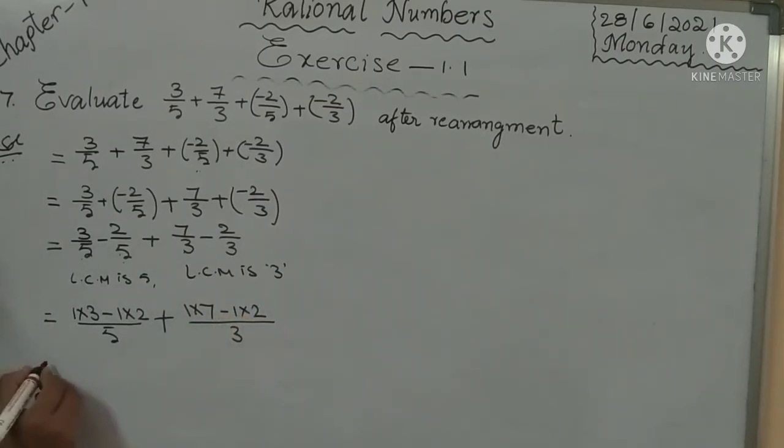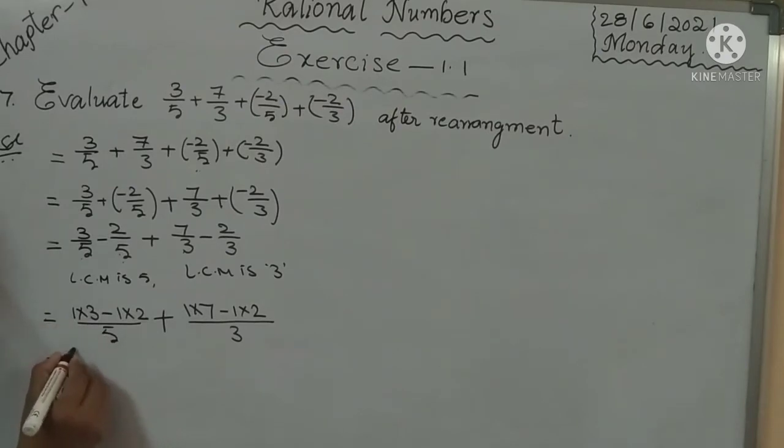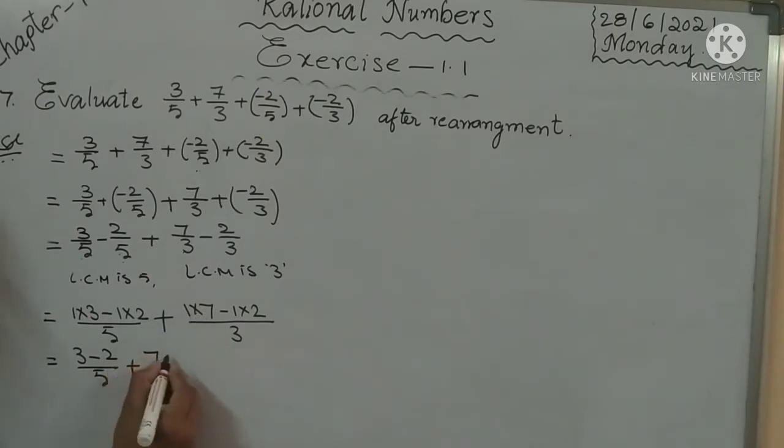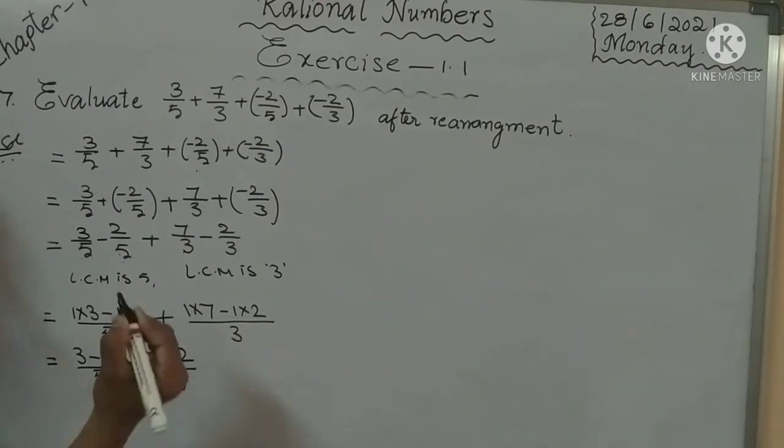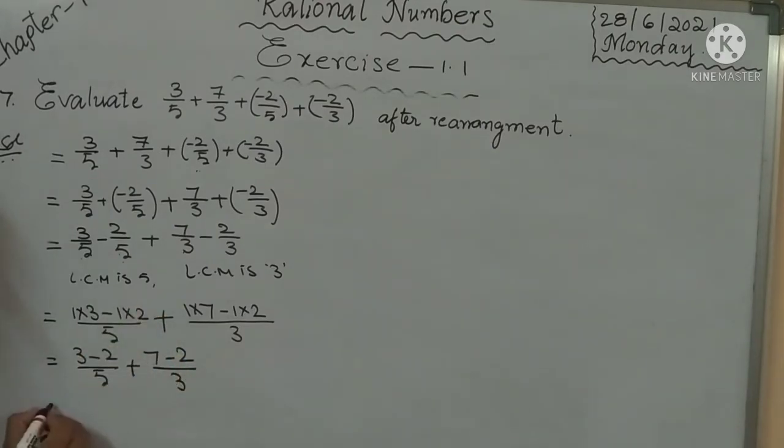Next, 1 3 is 3 minus 1 2 is 2 by 5, plus 1 7 is 7 minus 1 2 is 2 by 3. Okay. So here 3 minus 2 is 1 by 5, plus 7 minus 2 is 5 by 3.